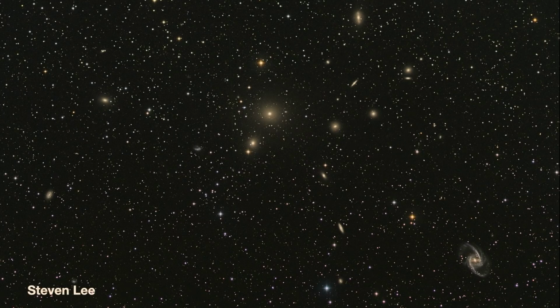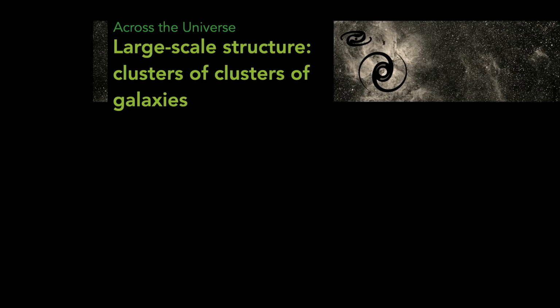Well, now let's zoom out a bit further still, not just galaxies and clusters of galaxies, but to larger scale structures still. We live in a hierarchical universe. We don't just have clusters of galaxies, but we have hierarchical structures beyond that.